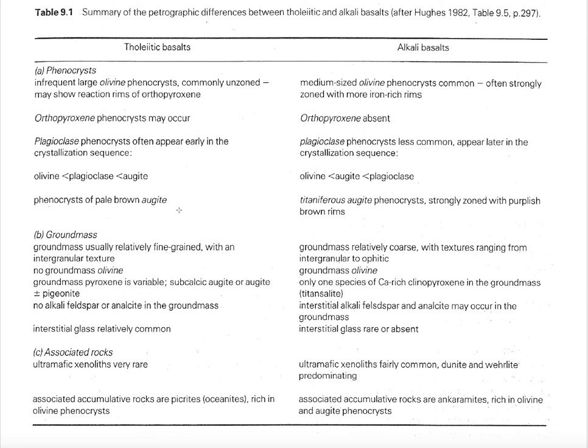In the alkali basalts, associated cumulative rocks are ankaramites, rich in olivine and augite phenocrysts.